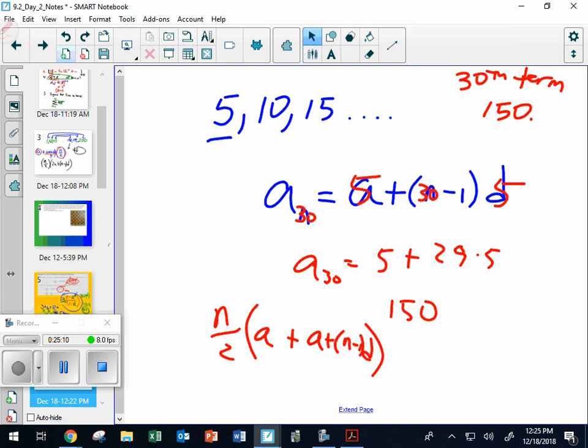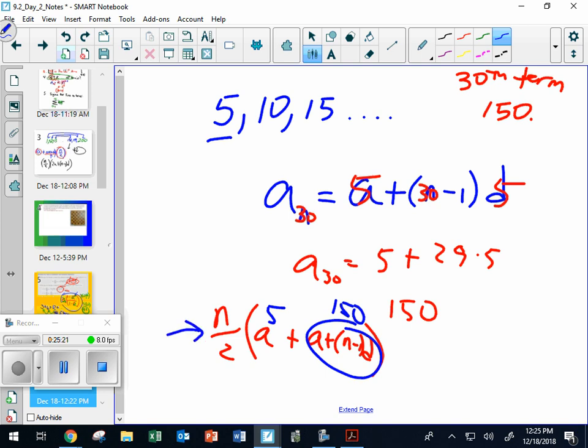So we just did all this, and we got 150. Our starting amount was 5, and then that makes 155, and we times it by, ooh, again, I'm trying to show you real world. I didn't just stick the numbers in the formula. I got to think it through. N is how many terms there were, which was 30.